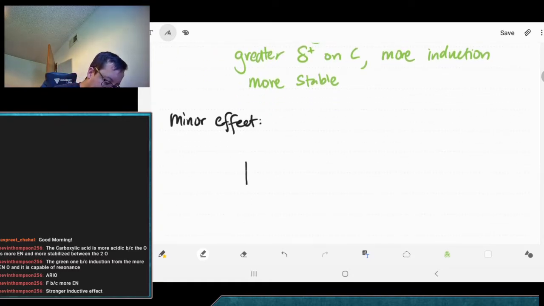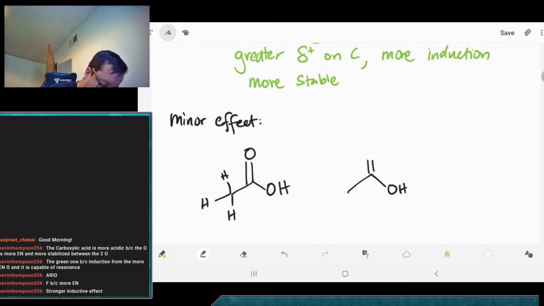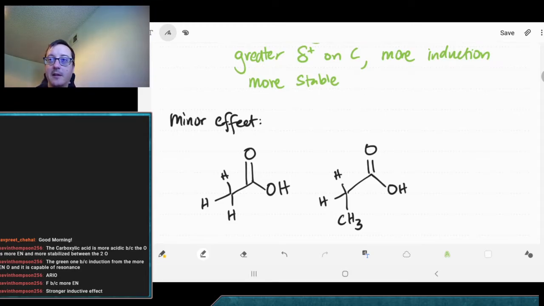We're going to see, okay, if we compare these two, we're not really going to have induction per se, because a carbon-carbon bond and a carbon-hydrogen bond are roughly the same. I mean, we don't consider either of those to be polar, right?